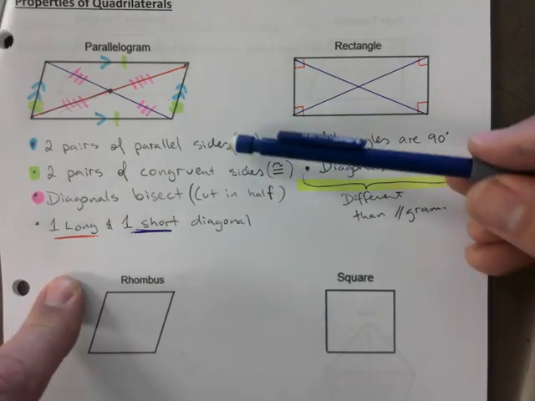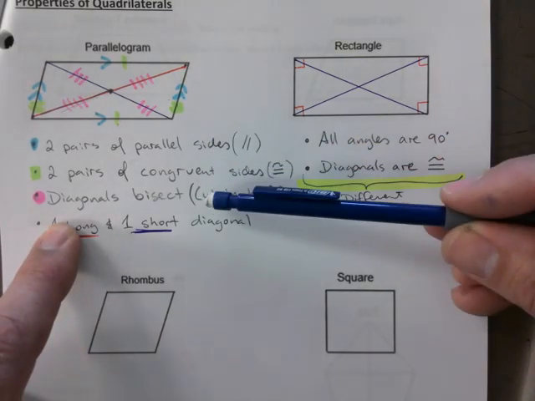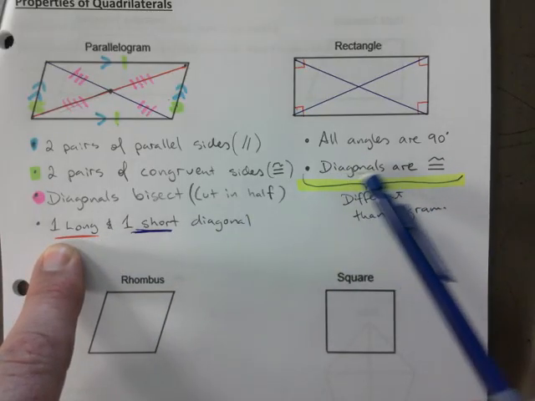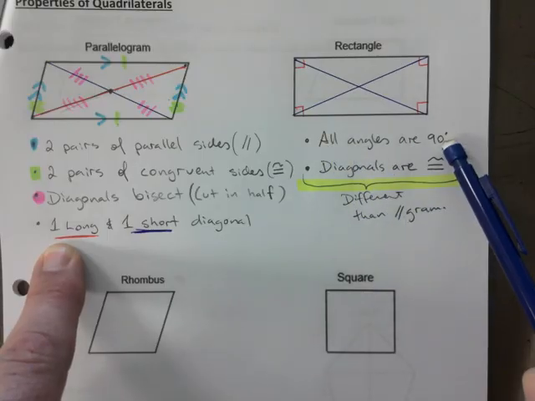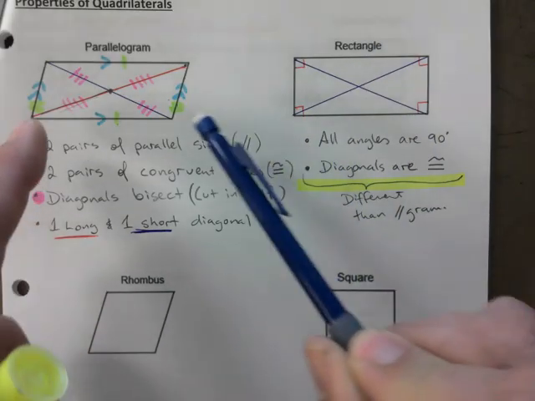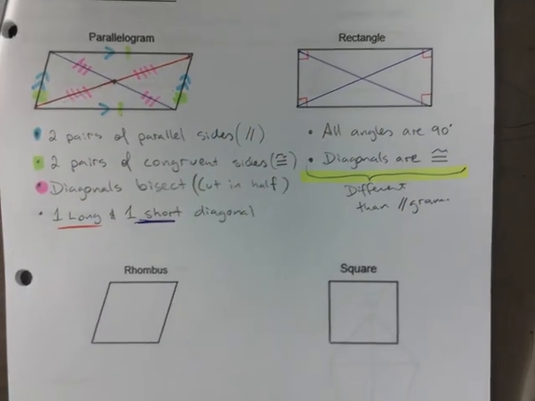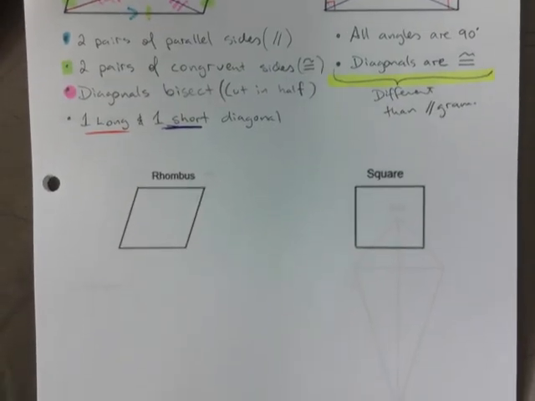So everything is still true. These 3 are still true, except for instead of a long and a short one, you now have the diagonals being the same, and all angles are 90. Okay, so that changes a parallelogram to a rectangle. Keep going. The other shapes.